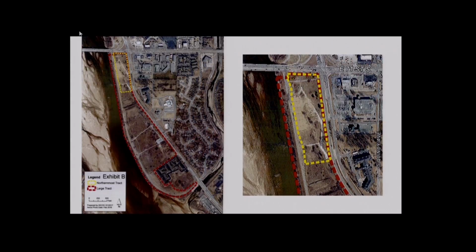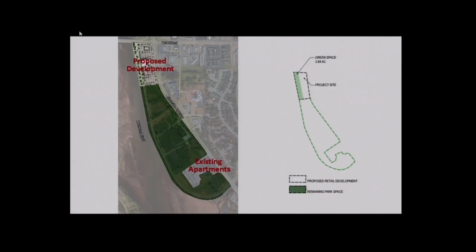And so you can see probably a little better on the shot on the right, the area that is outlined in yellow there is the subject tract, and you can see the trail there is between the area that is under consideration and the river channel. The trail is not part of the sale and would not be impacted by the sale. Go to the next slide, please.